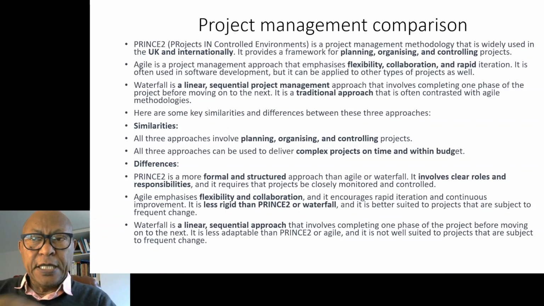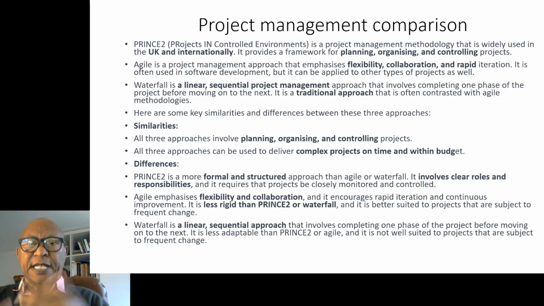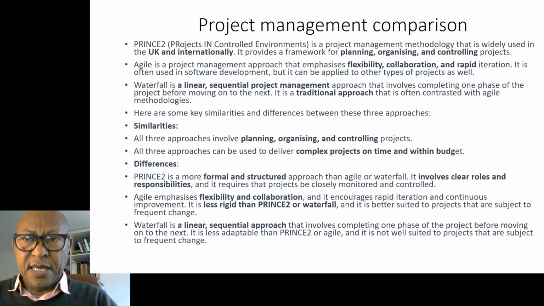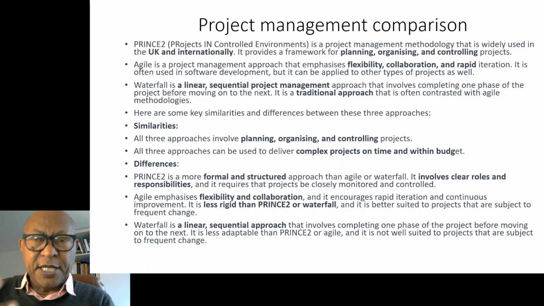Okay, and in here as well, it fundamentally does exactly the same as Prince2. There is a planning, organizing, and controlling of the projects, but the change in requirements is accommodated by the Agile project management model.